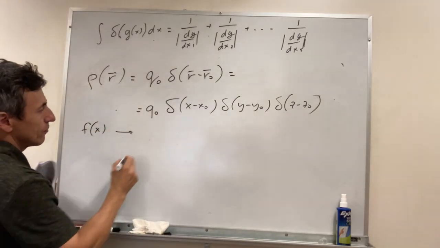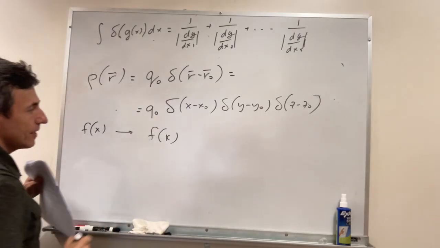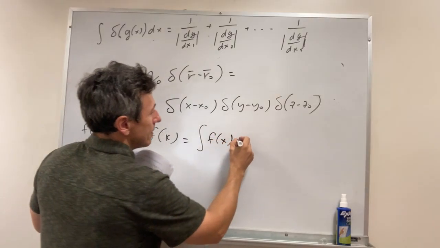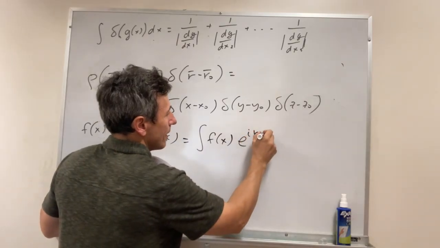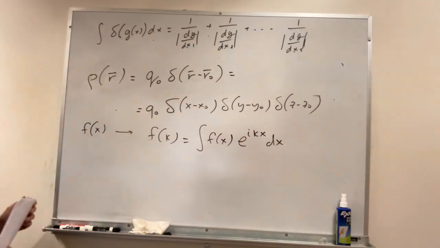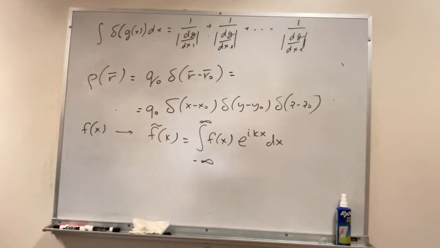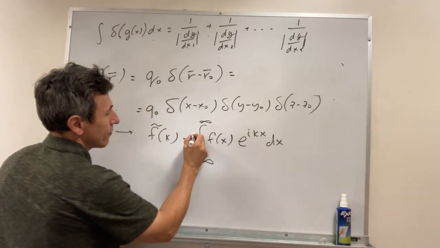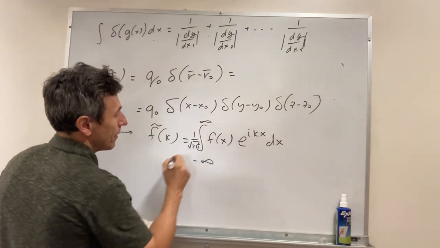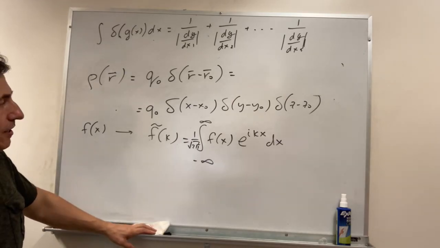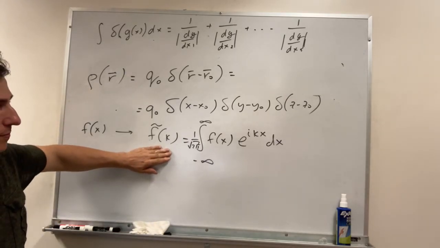We calculate the Fourier transform, f tilde as a function of k, which is the integral of f(x) exponent i k x dx. The tilde means it's the Fourier transform of function f, and we calculate the integral over x from negative infinity to infinity. Sometimes people put some extra factor here, for example 1 divided by square root of 2 pi, or 1 divided by 2 pi. This is not really important, but this is the Fourier transform of any function f.